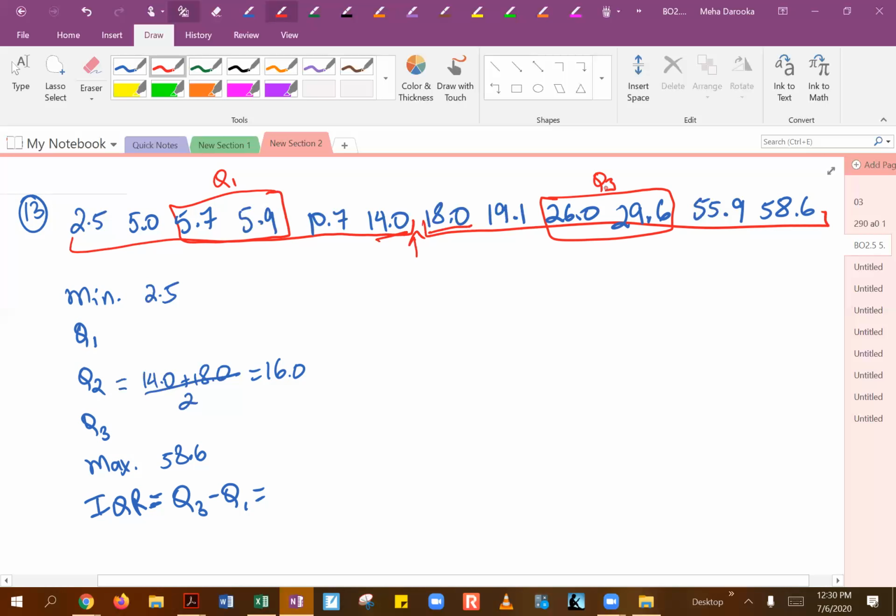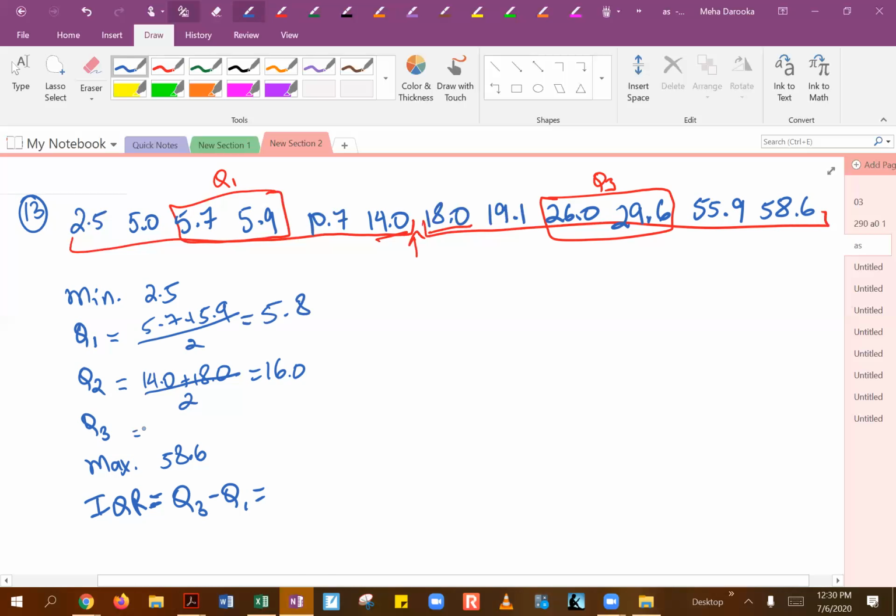So you're still getting 5.75 for quartile 1. So that's 5.7 plus 5.9 divided by 2, which is actually coming out to be 5.8, which makes sense because you're halfway between 5.7 and 5.9. Quartile 1 should be 5.8.